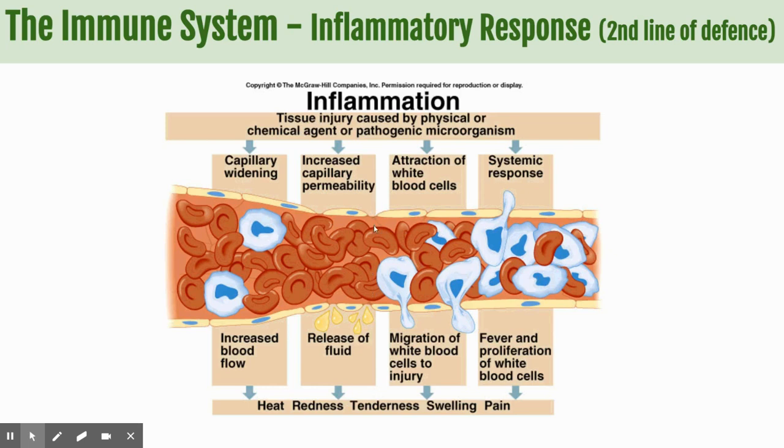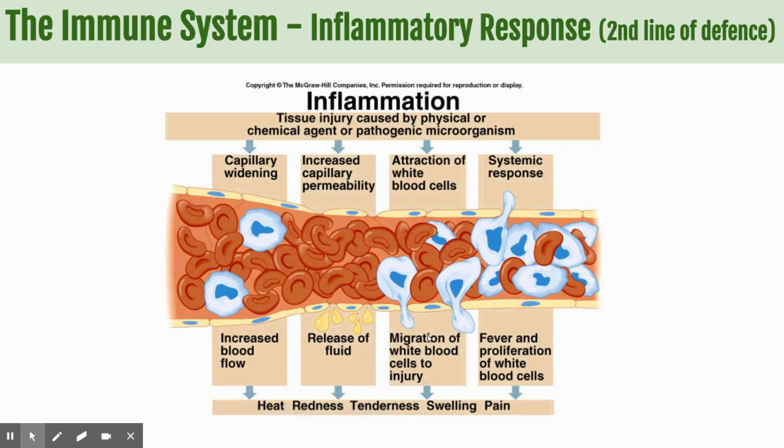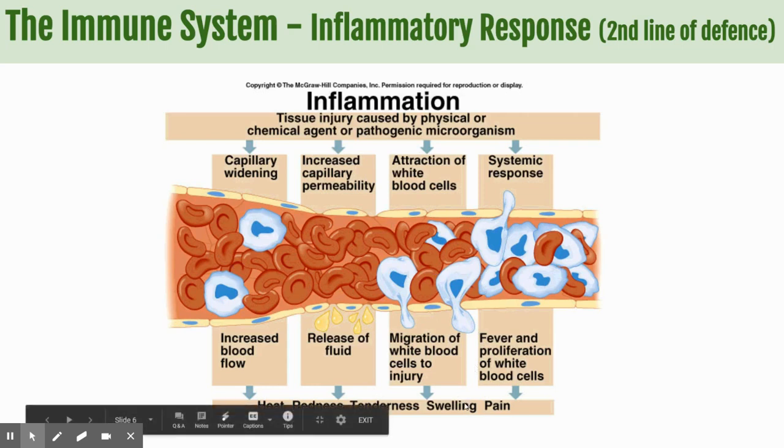The permeability of the capillaries increases so that the white blood cells can get out and into the cells that have been injured or find that pathogen. So you get some fluid releasing as well at that point. Also, because you're bringing so much blood to that area of infection, you're going to get swelling, pain, heat, and fever, because of the extra heat coming with the blood.